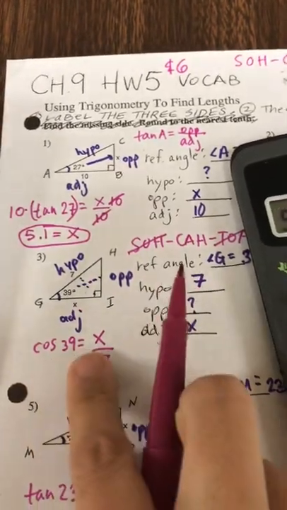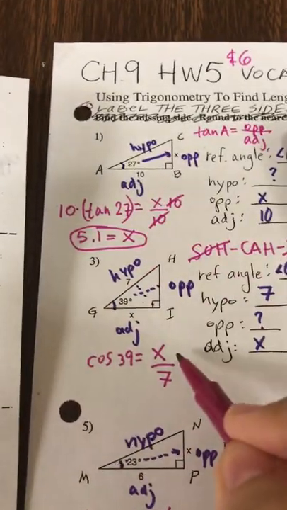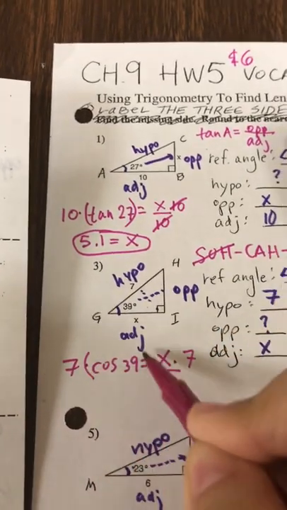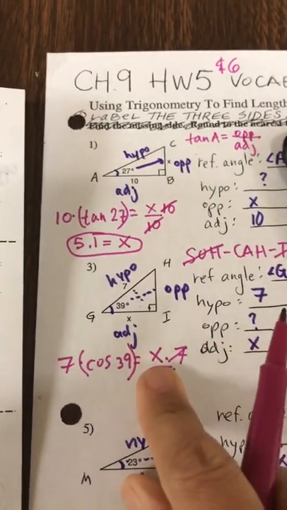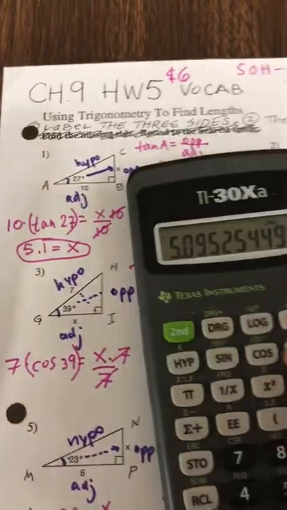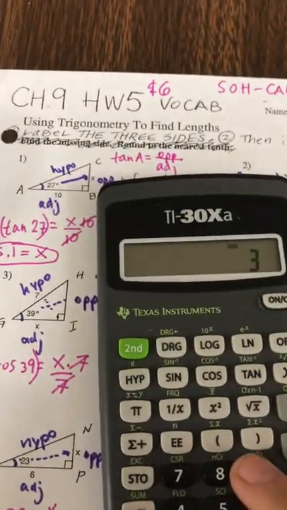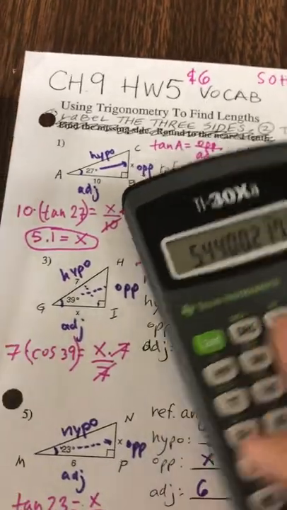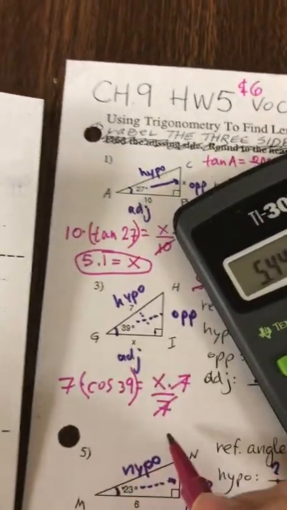Let's do this one. Okay, so to get x by himself, I'm going to multiply both sides by 7. So that would cancel. Now I get x is equal to 7 times the cosine of 39. So 39 cosine times 7 equals, round to the nearest tenth.